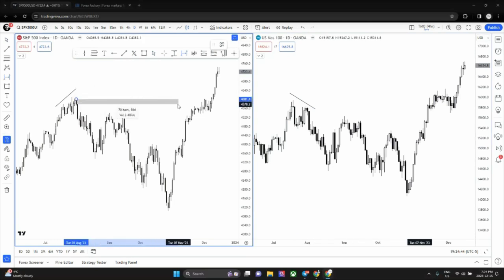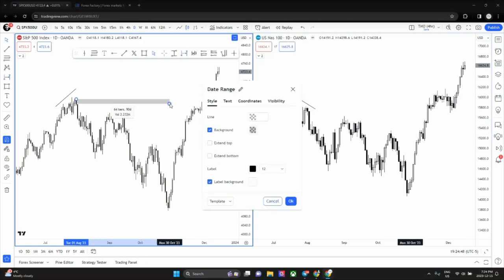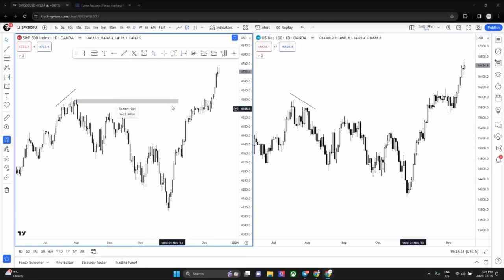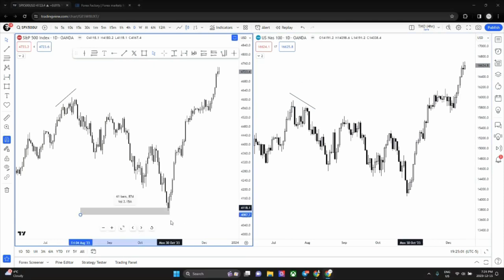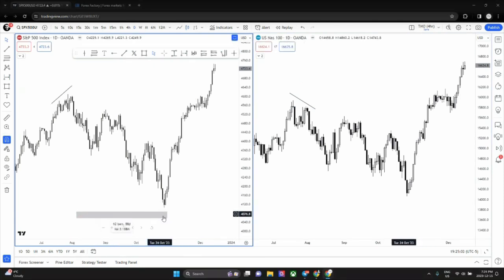So when you do this right here, so like right here, you see that price fell until it reached around this period of time, which is around 60 days, exactly 60 days.